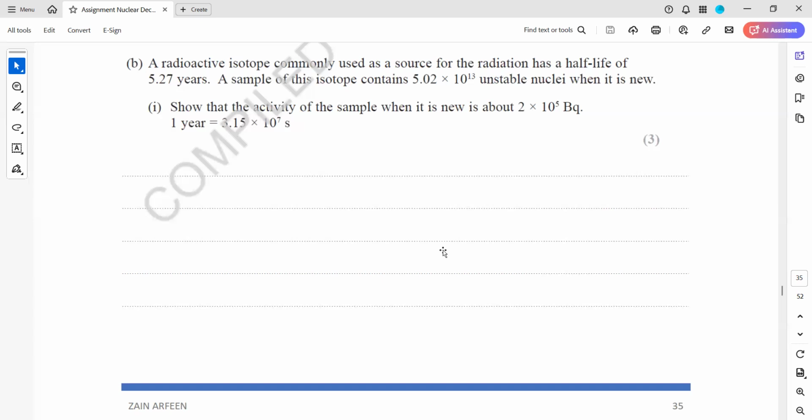So we have the formula because we need an activity. There are two formulas for activity we can use. A is equal to lambda N, that is one of the formulas. Another formula for activity is the change in number of nuclei in a unit time.